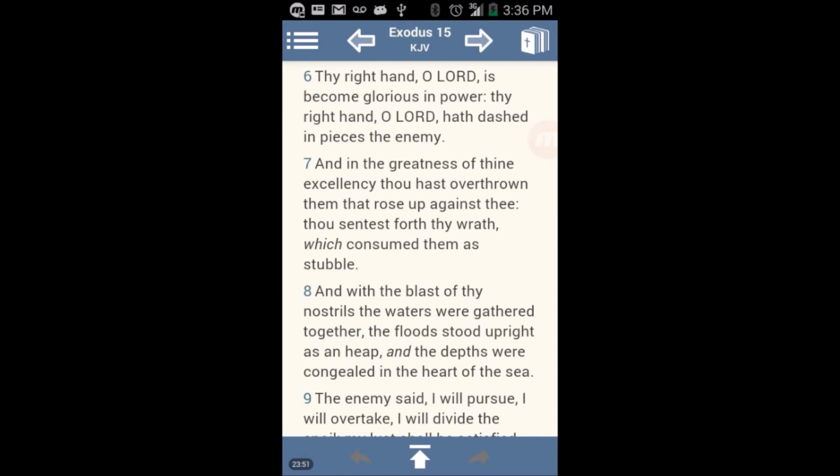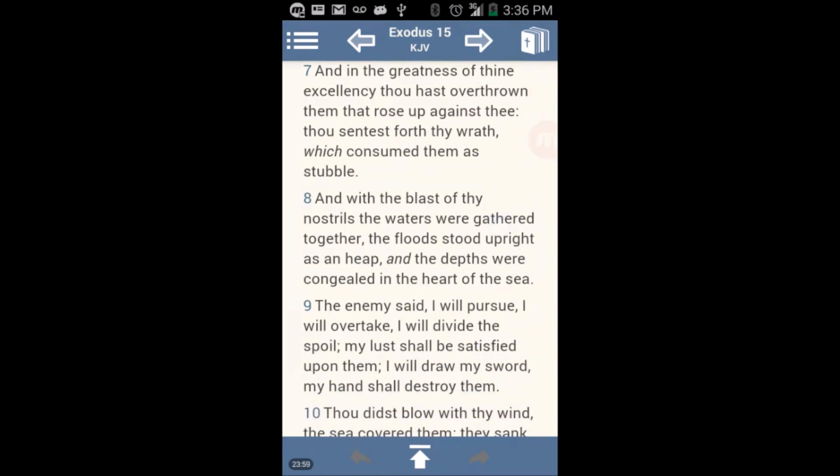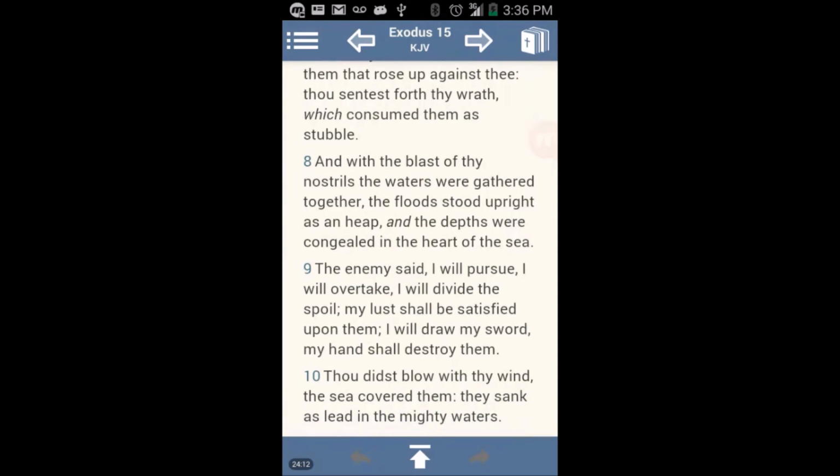Abraham Lincoln is a representation of the Egyptian Pharaoh. Exodus 15:8: and with the blast of thy nostrils the waters were gathered together, the flood stood upright as an heap, and the depths were congealed in the heart of the sea.